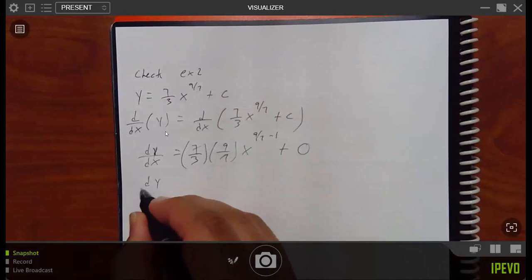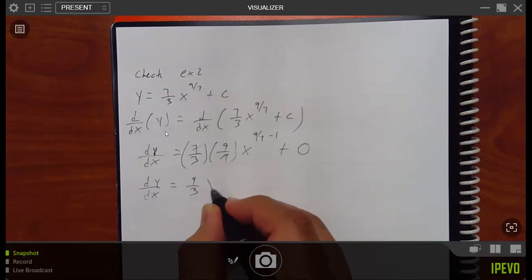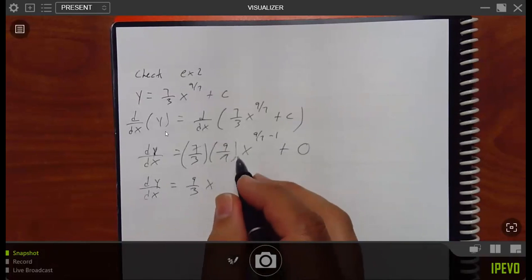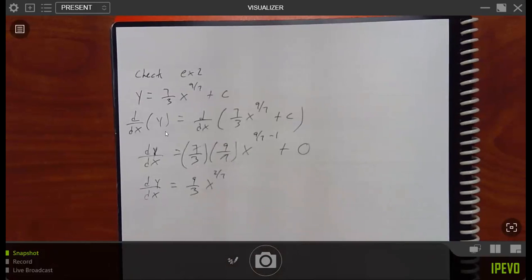So now I have dy/dx equal to 9/3 x to the 9/7 minus 1, which is 2/7. And yeah, it looks like we're correct. That's what we started with.